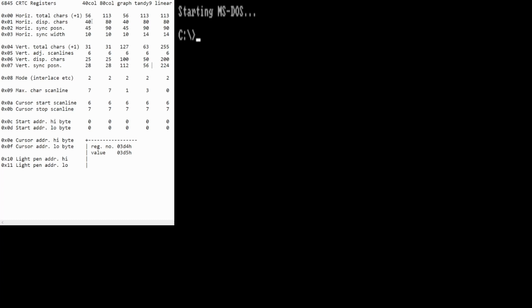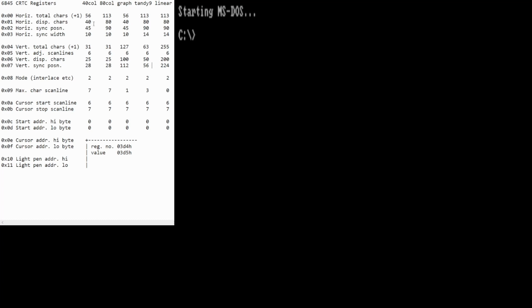And so basically across the first row it's going to get addresses 0 through 39, and across the second row 40 through 79 and so on. And so it just uses those addresses to look up the pixel information.